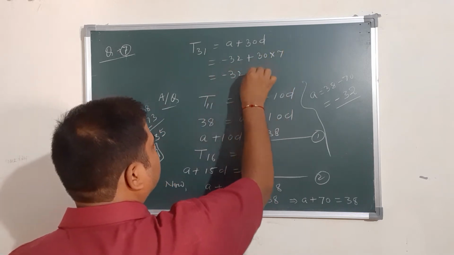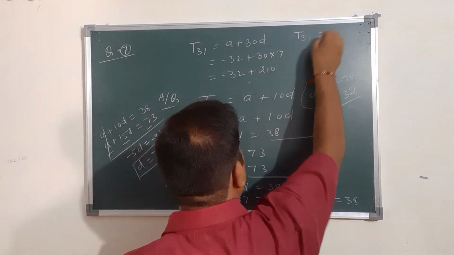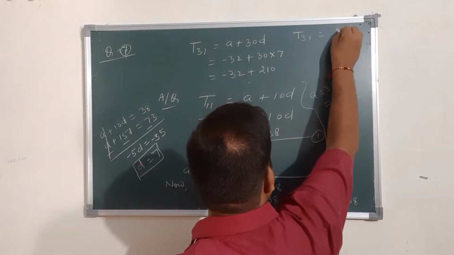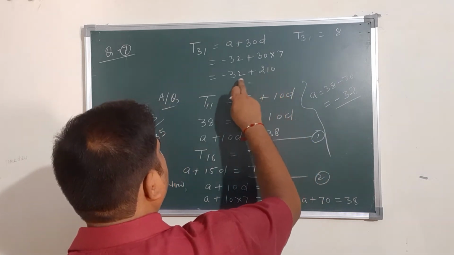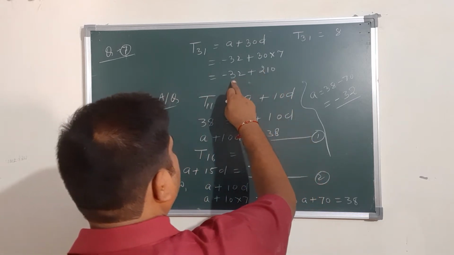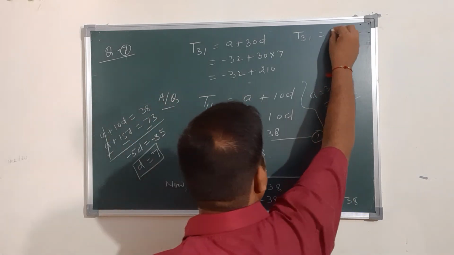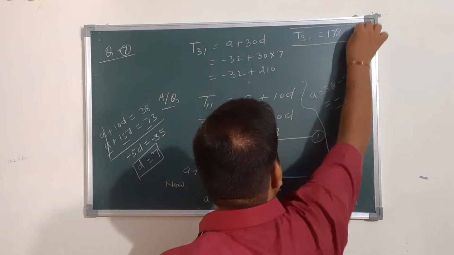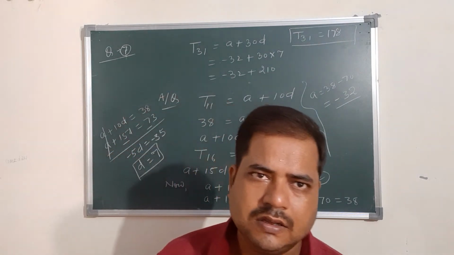So minus 32 plus 210. So T31 is 178. So this is the answer.